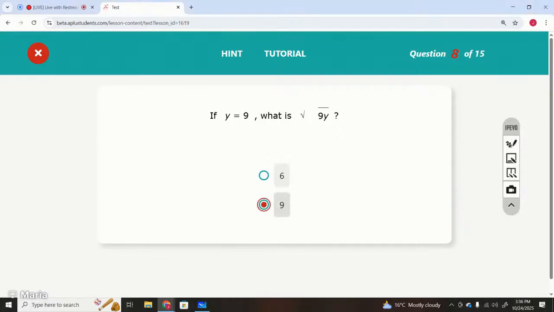Option number 2 is the correct option. If t equals 5, what is the square root of 5t?